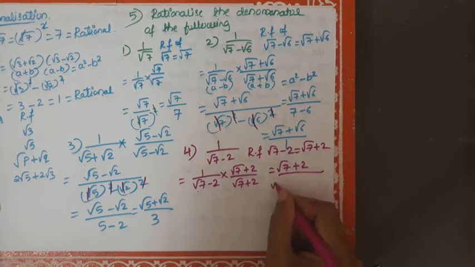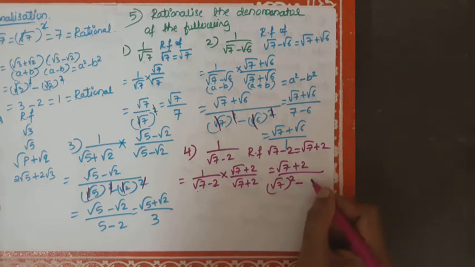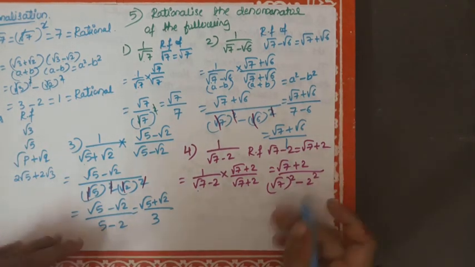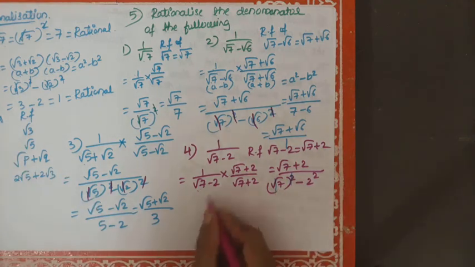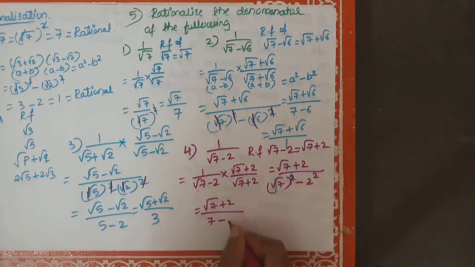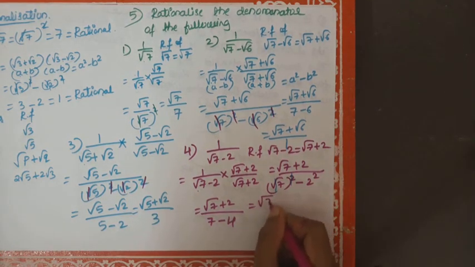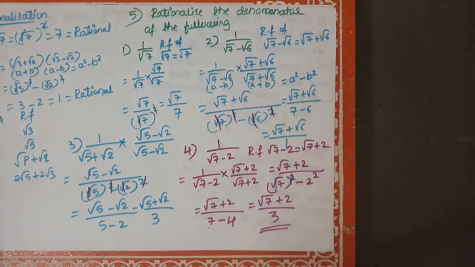A square is root 7 whole square minus b square, where b is 2, is 2 square. Here also the square and square root get cancelled for the first case only. Then we have root 7 plus 2, and here only 7 minus 2 square, which is 4. Root 7 plus 2, 7 minus 4 is 3. Okay, this is the answer.